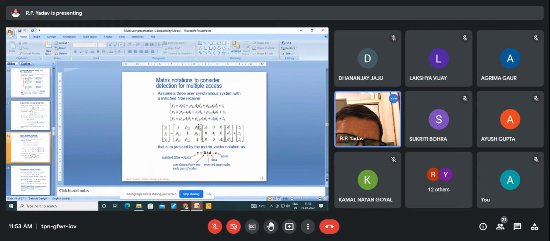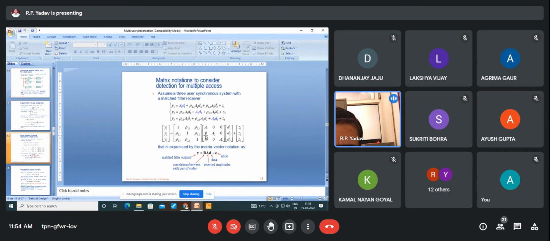All these are cross-correlations: 2 with 1, 3 with 1, 1 with 2, and 3 with 2. These generate multiple access interference terms. The diagonal terms should obviously generate the maximum, so I can define them to be unity, and rho21 and the others are my cross-correlation terms.